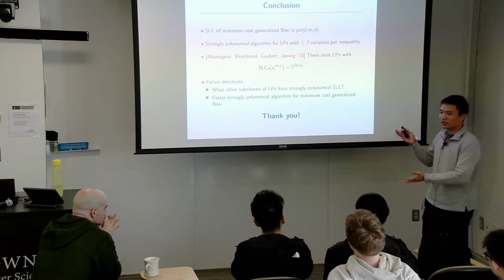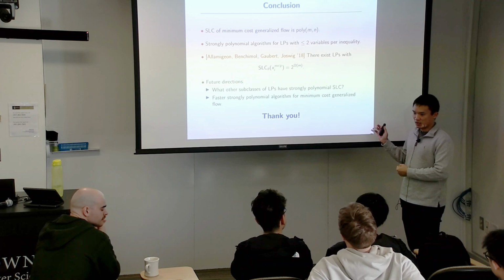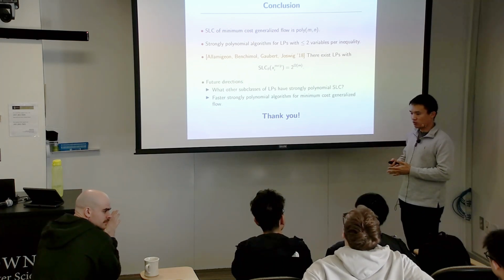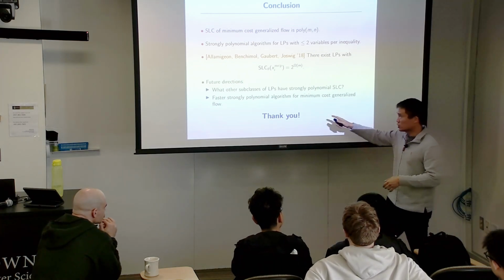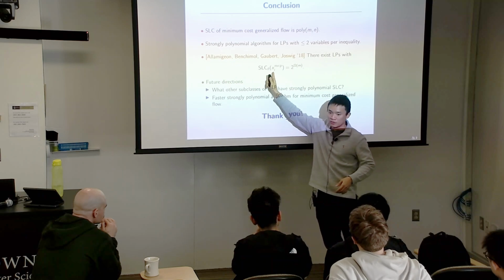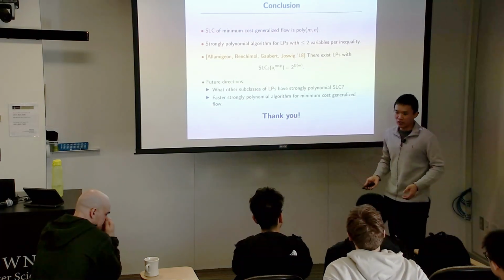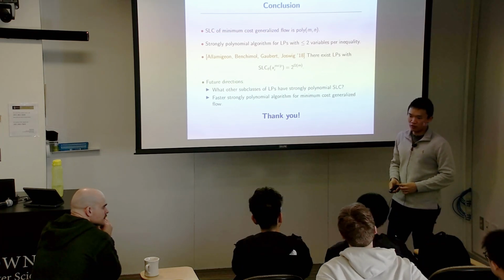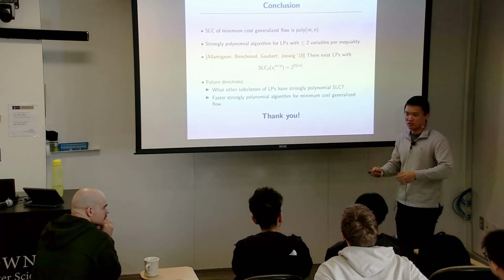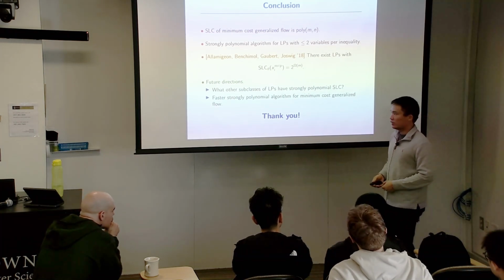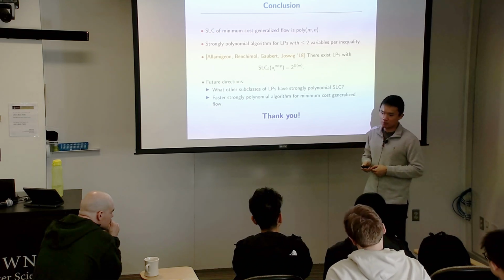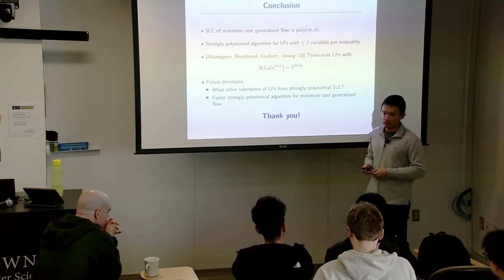Those algorithms don't rely on straight line complexity. They show strongly polynomial using different methods. The straight line complexity is a rather new notion that was introduced only a couple years back. For example, Dijkstra's algorithm is strongly polynomial for shortest path, or Bellman-Ford, let's say, with negative weights. It doesn't rely on straight line complexity. It uses a completely different argument.